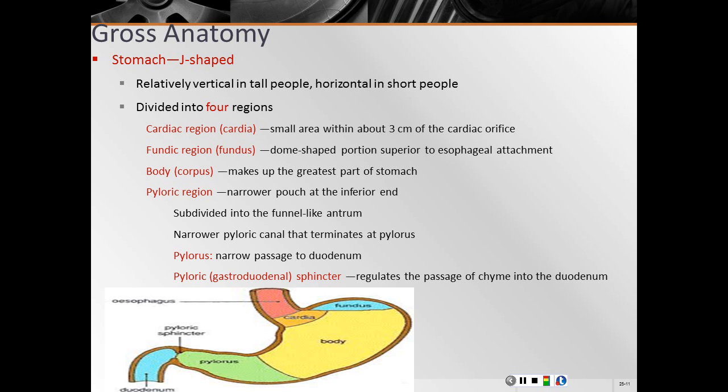And we have the body, which is the largest part of the stomach, distal to the cardiac orifice. And we have our pyloric region, which is a slightly narrower pouch at the inferior end that is subdivided into the antrum and the pyloric canal.